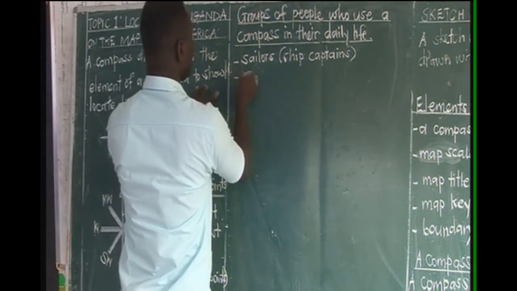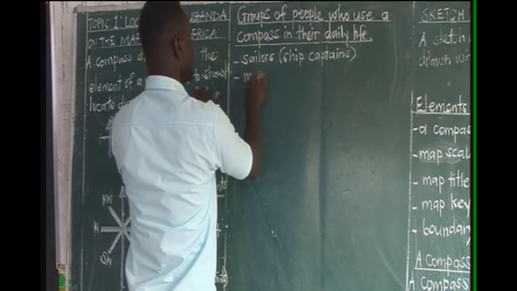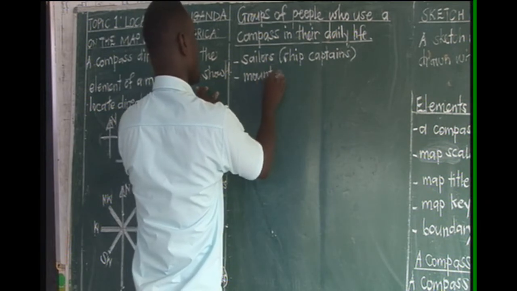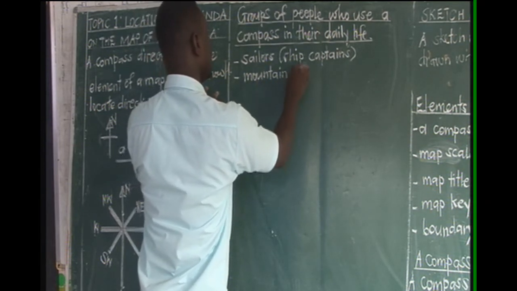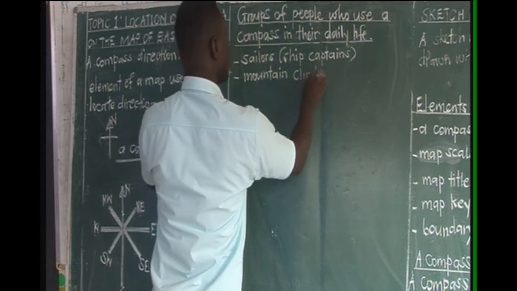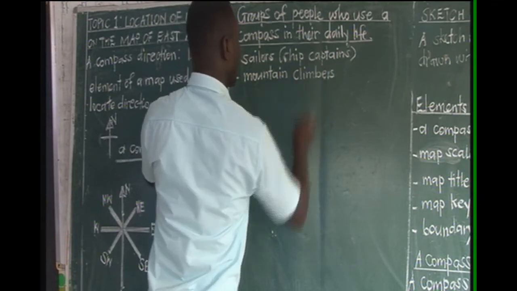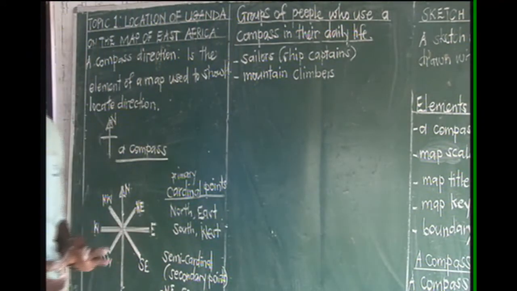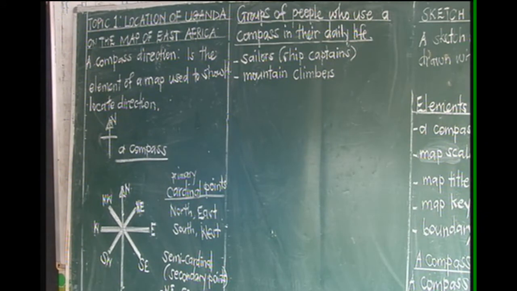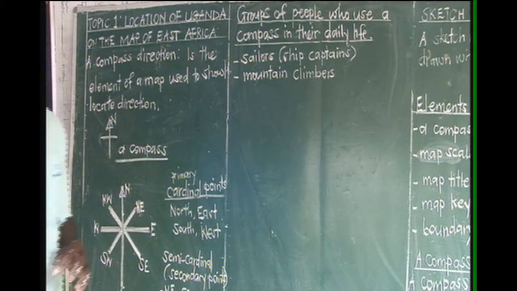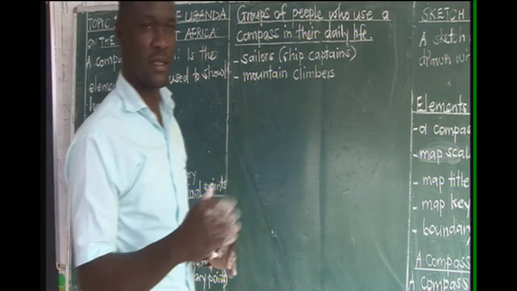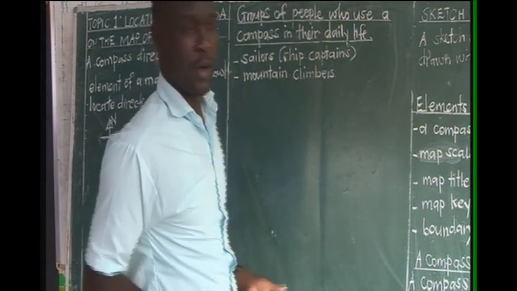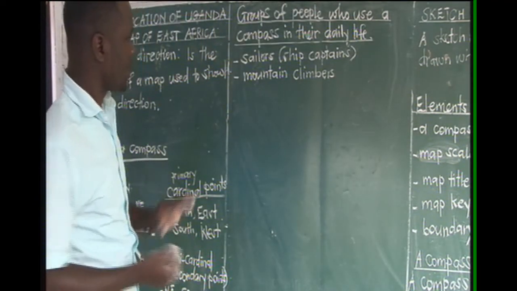Next we have what we call mountain climbers. When these ones are climbing a mountain, they go with this compass that will give them directions where to pass, so that they don't get lost as they climb the mountain.